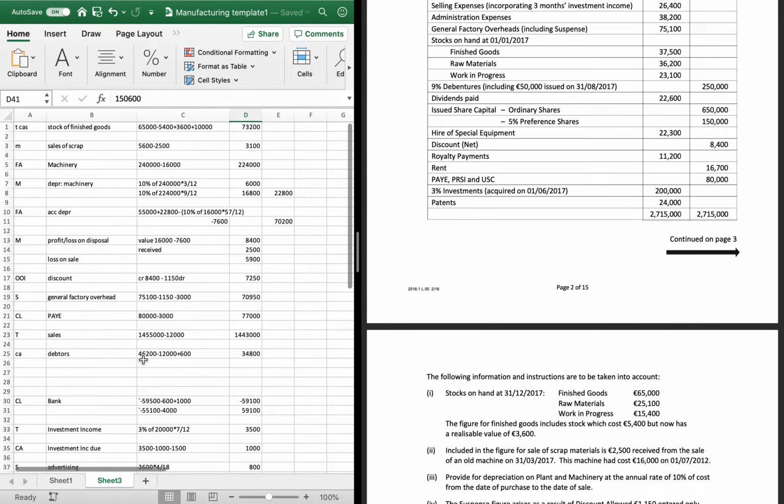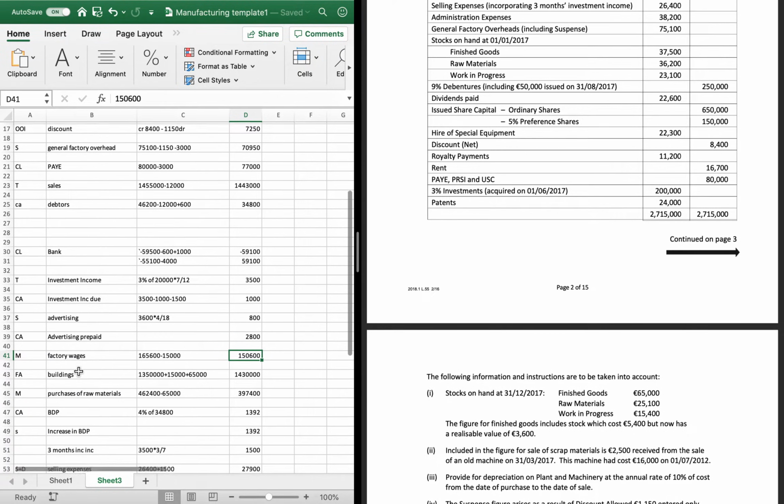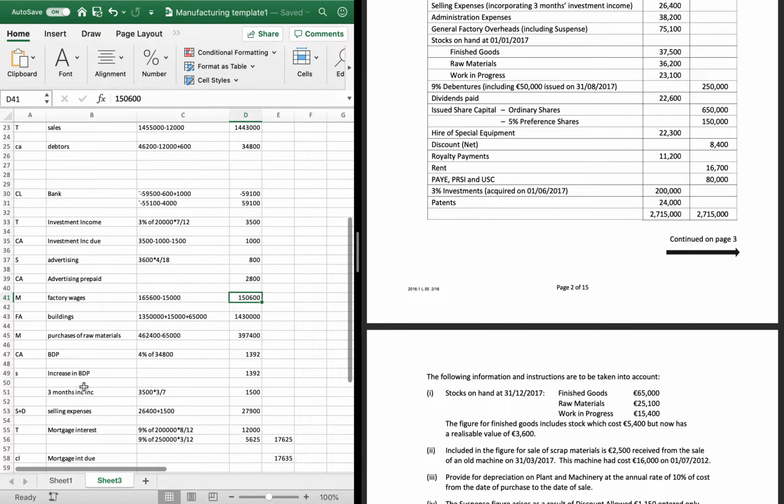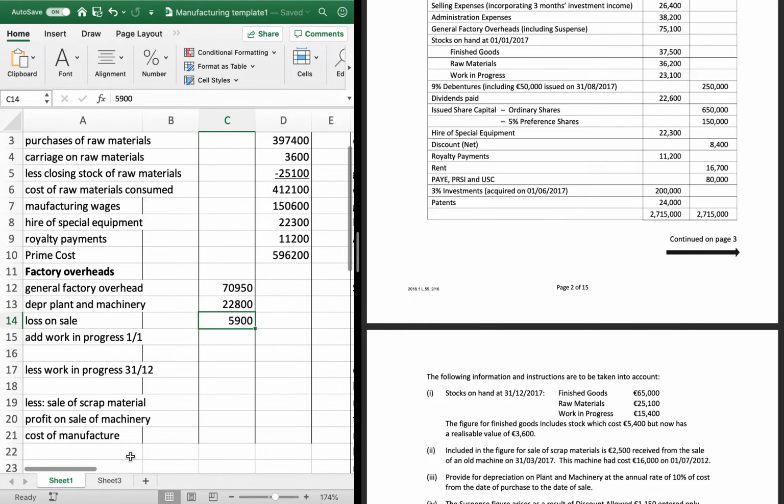Anyway, we'll have a quick check to see if there's any other ones that are to do with the manufacturing. We've got factory wages in, we've purchased raw materials in. No, that's them all. So we'll add those three together and we add them on.